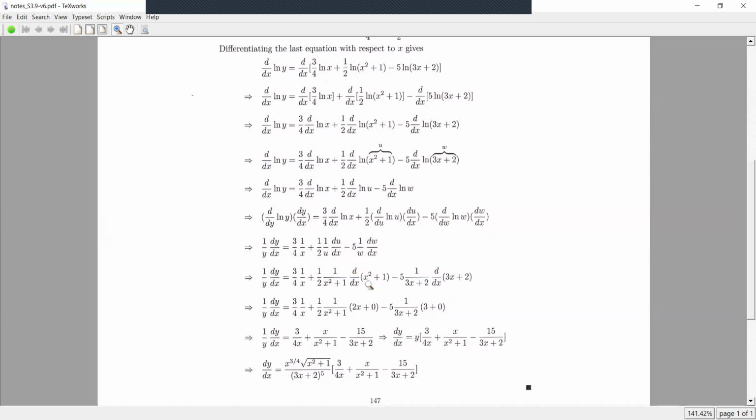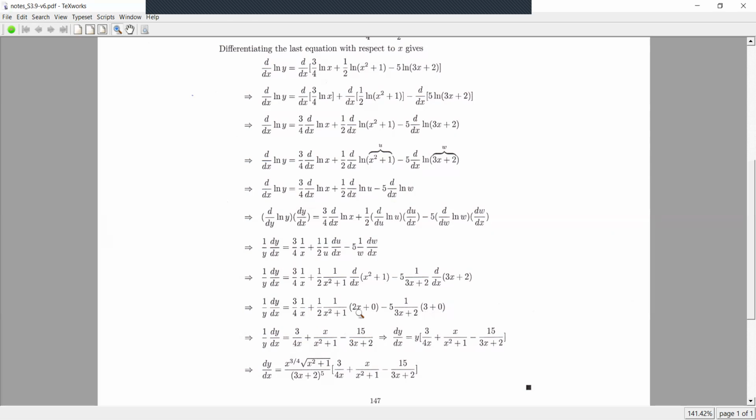The derivative of x squared plus 1 with respect to x is 2x plus 0. The derivative of 3x plus 2 with respect to x is 3 plus 0. Simplify the right-hand side of this equation. 3 over 4 times 1 over x is 3 over 4x.